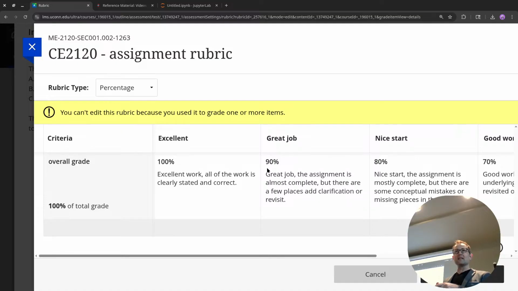Either you're missing things or uploaded the wrong thing. So based on this, the TA will try to give some specific feedback on your work, and then assign one of these bins of grades.